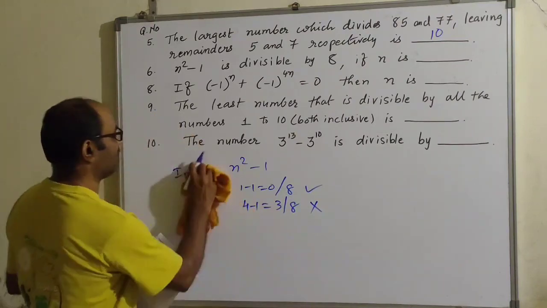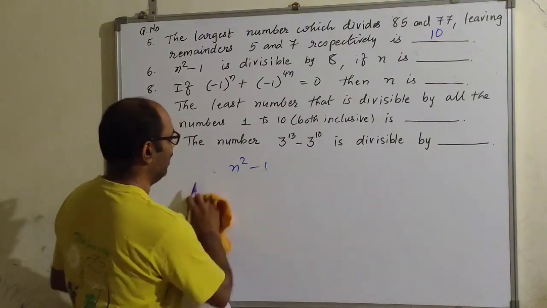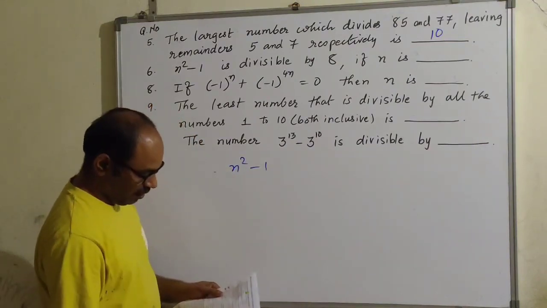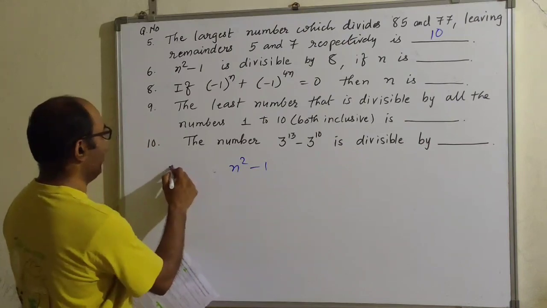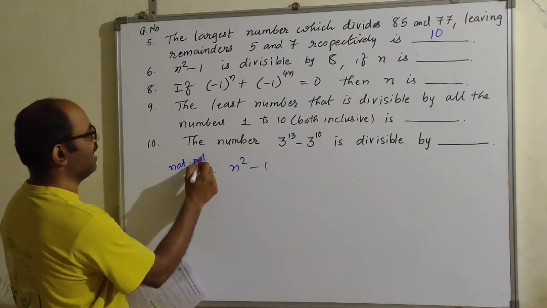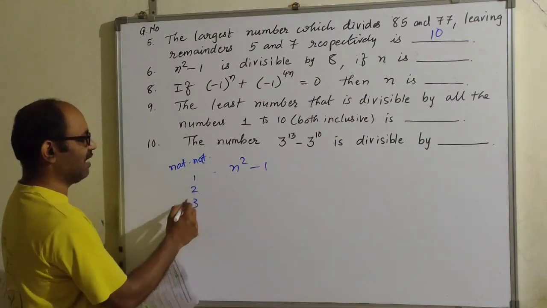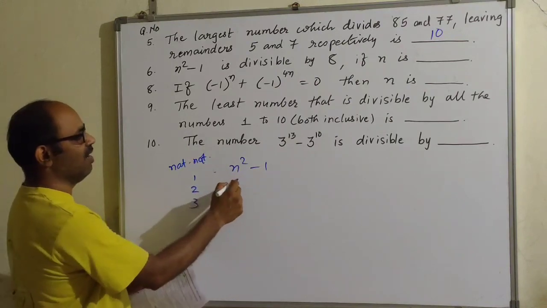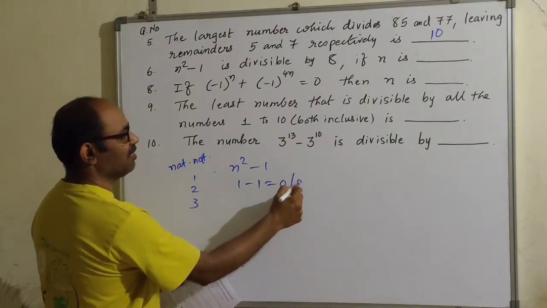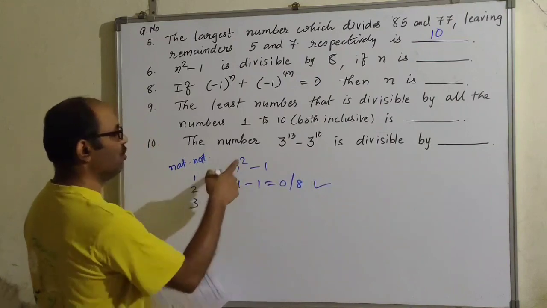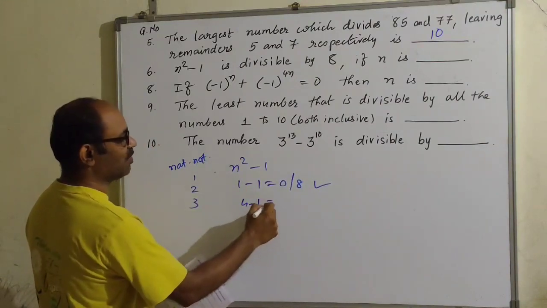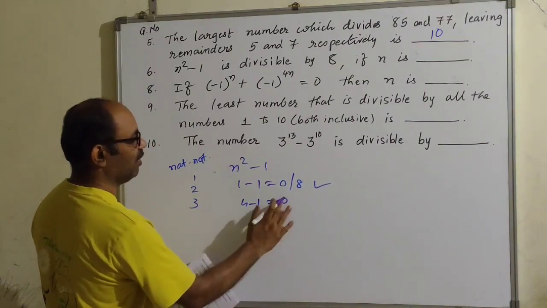Next, second option, option B, is a natural number. Take any natural number. We have taken natural numbers only. Take n equal to 1. 1 minus 1 is 0. Is it divisible by 8? Yes. Then 2. 2 square is 4, 4 minus 1 is 3.